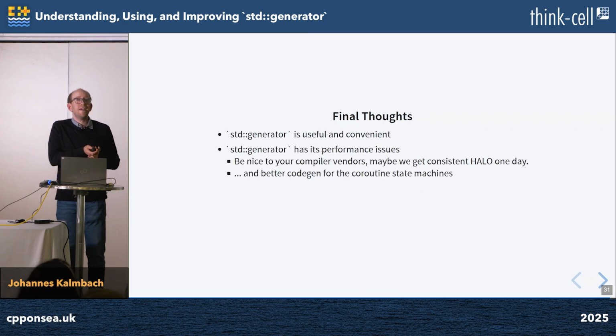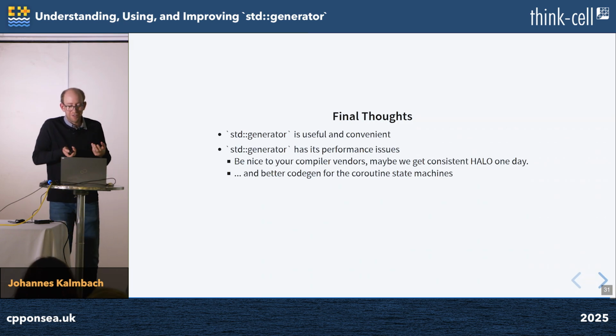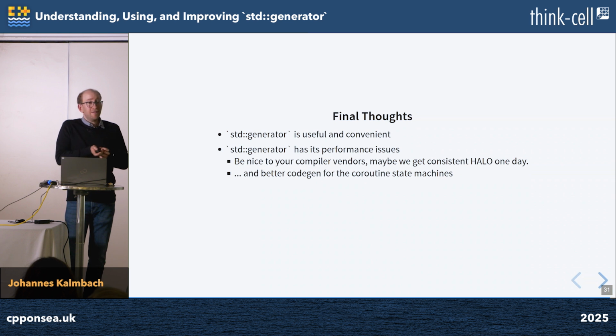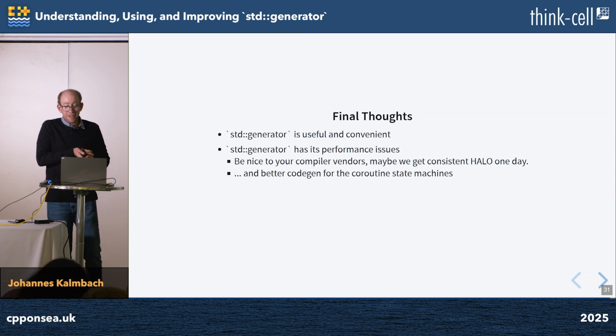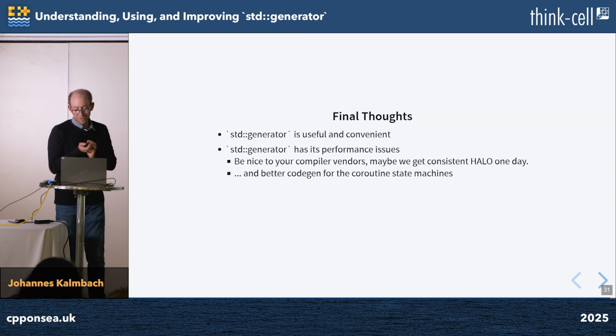But it definitely has some performance issues. It is not a zero overhead abstraction, because I could do something equivalent that is much faster. And if we are nice to our compiler vendors, maybe something will happen over time.